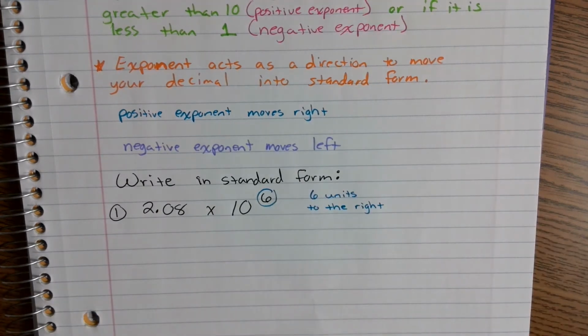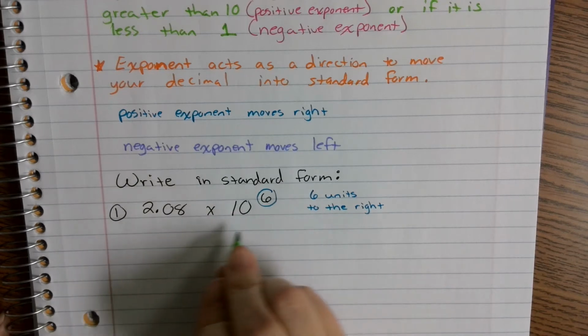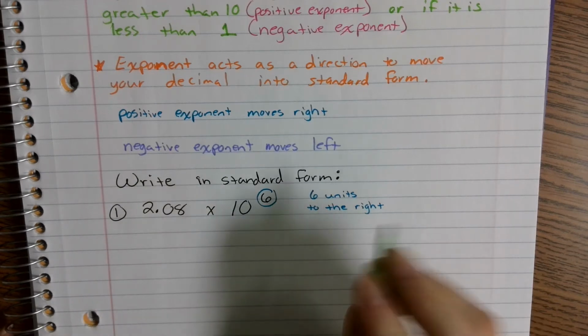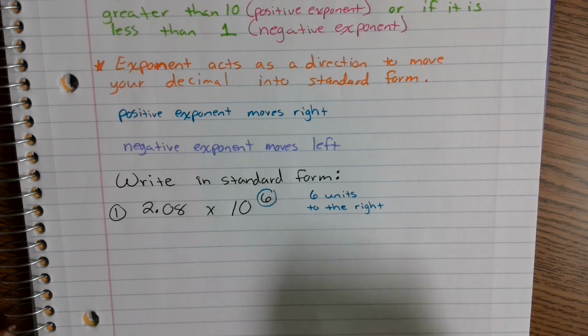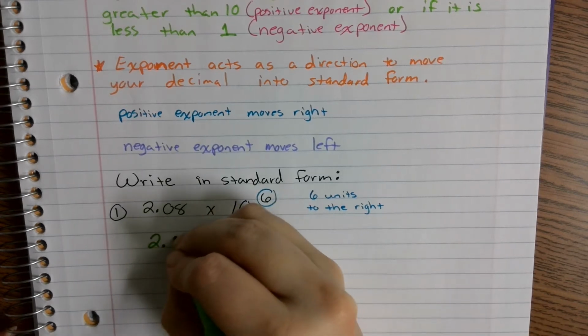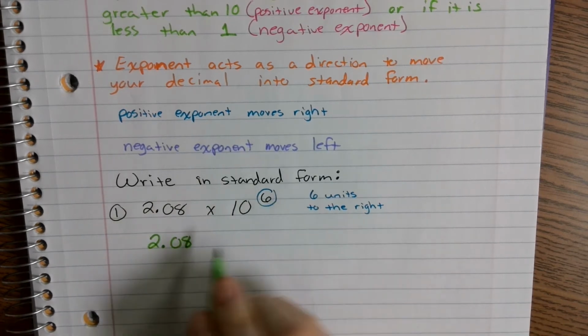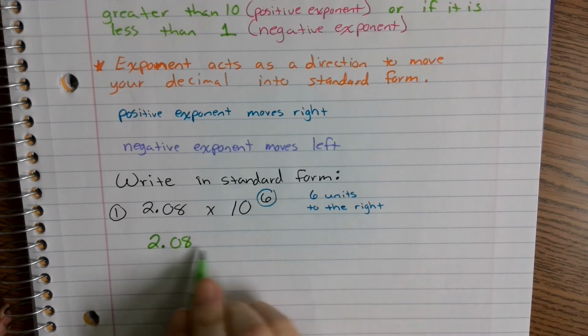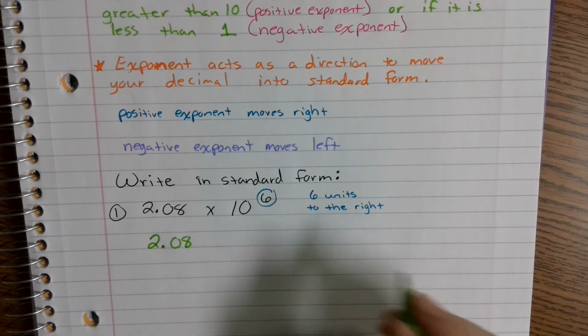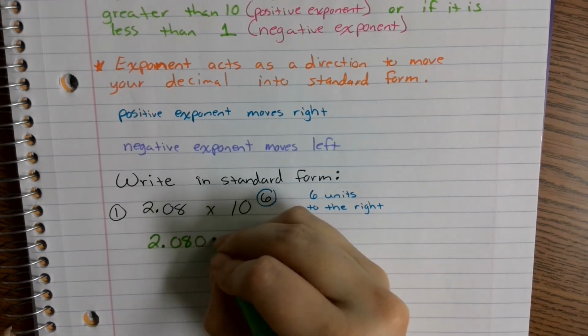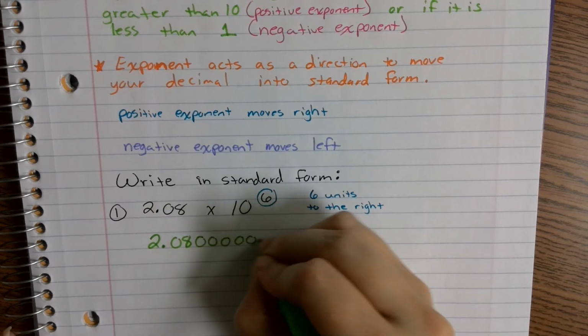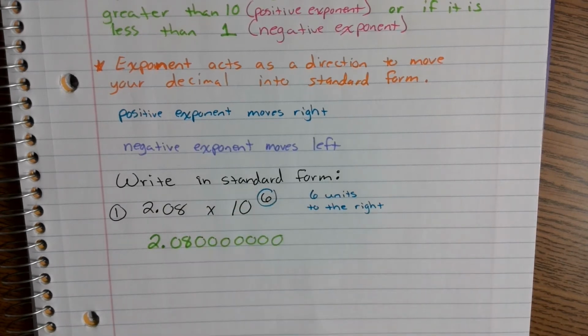So when I write out my number, since I know I'm going to go to the right, I'm just going to add a whole bunch of zeros behind this. 2.08. If I add a bunch of zeros behind it, is that going to change the number? No. So I can add a whole bunch of zeros behind it so that I have places to move past.